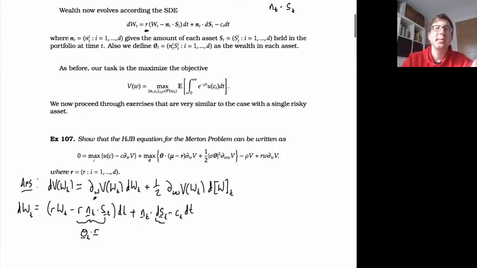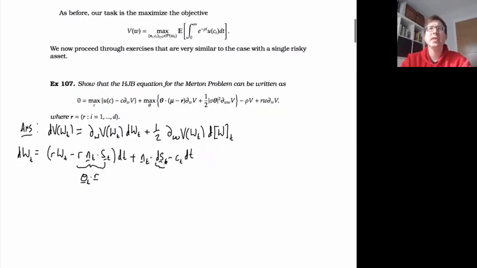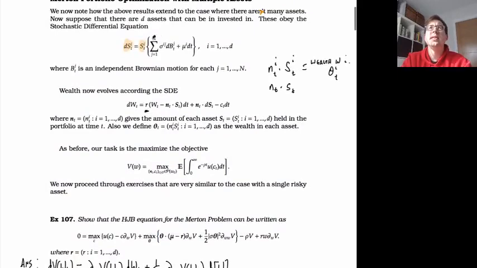So I'm going to end up with an n_i times S_i for each of these terms, summed up over i. If I collect all these terms together, I'm going to end up with that same theta vector again, for the n_i S_i, applied to this bracketed term here.